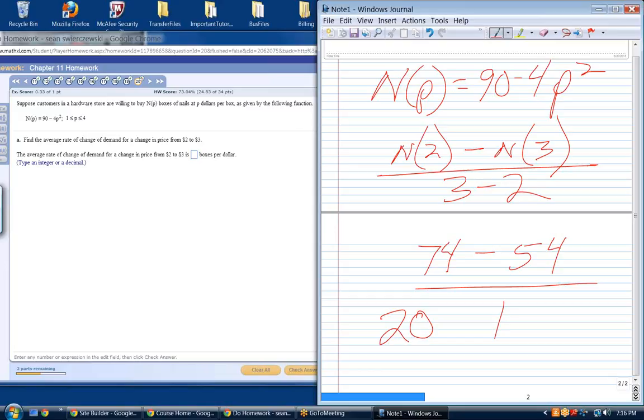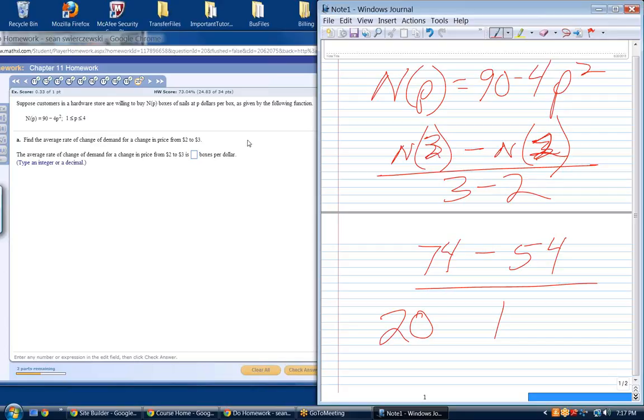I'm going to grab my calculator quick. Okay, hold on before we put that in an answer. In fact, remember how I did it, what I thought was incorrect the first time because I did n of 3 minus n of 2? And then I thought the answer to the previous problem was positive, so I decided that I needed to do n of 2 minus n of 3.